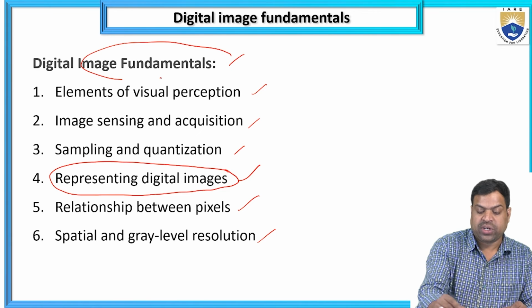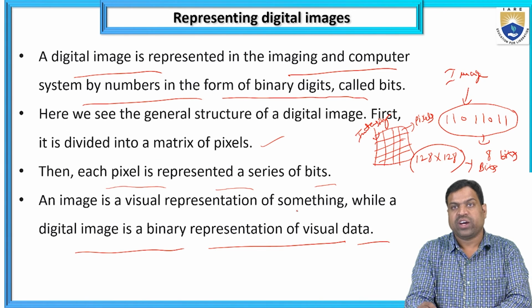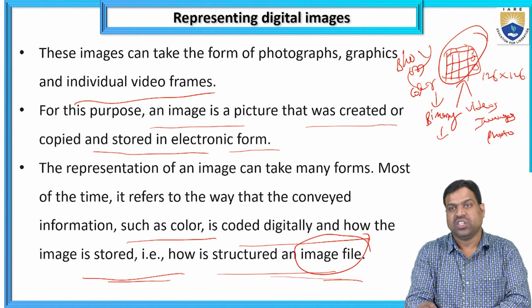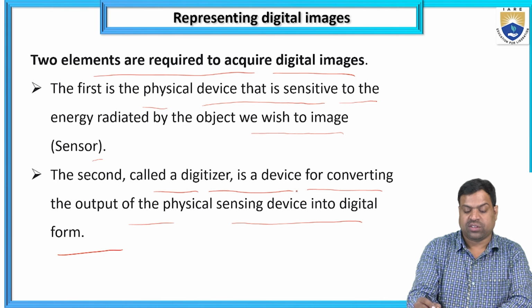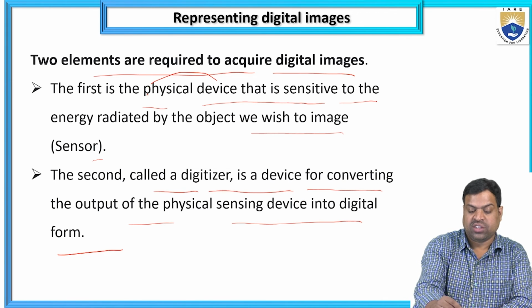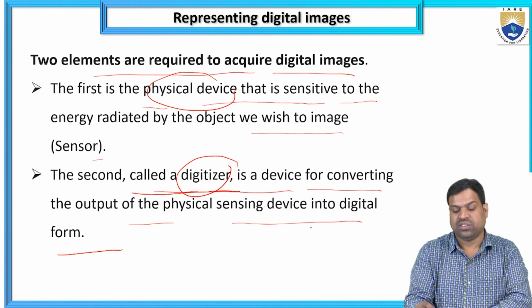So in the image fundamentals, today we discussed representing digital images. How are we representing the digital images? In the form of binary. There is a physical device that is sensitive to the energy, and the other one is a digitizer. The physical device is analog and the digitizer means digital.